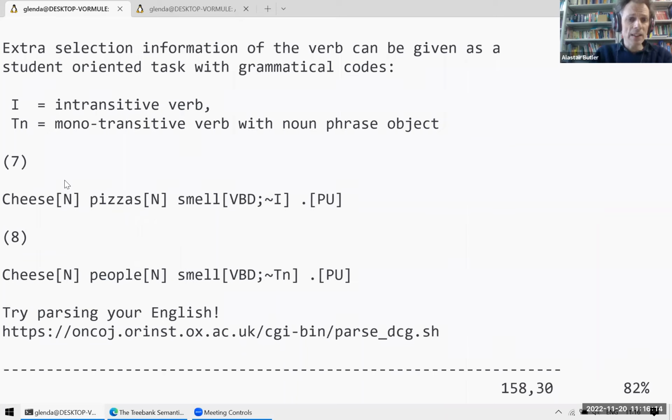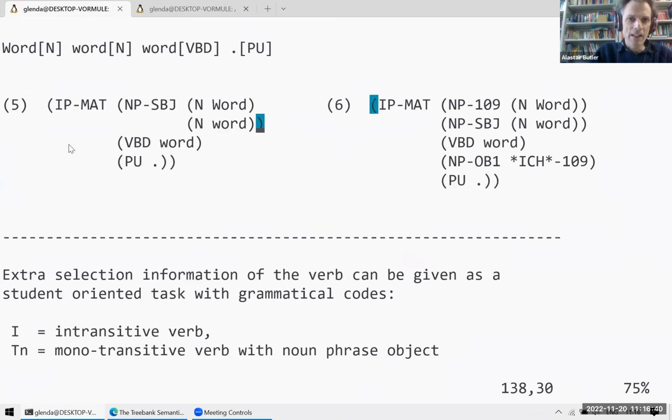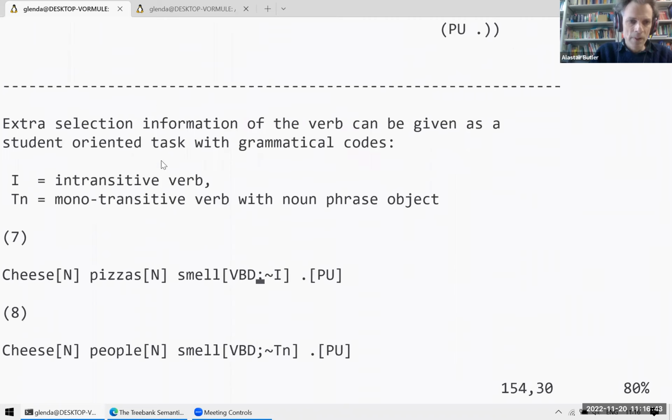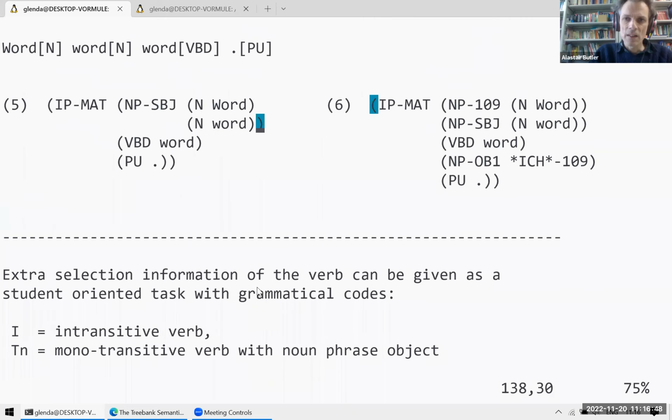If you do that to the example we saw earlier, you get an unambiguous structure, because "cheese pizza smells" is going to give us a structure that looks like this, and "cheese people smell", with smell as a transitive verb, is going to give us this structure where the cheese is a topicalized element.